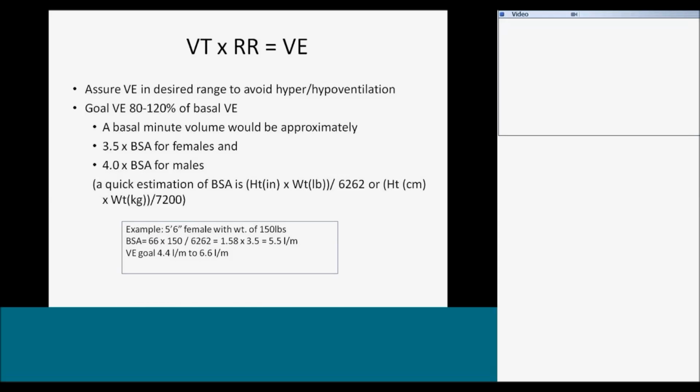And here's an example. In this example, our goal minute volume is going to be 4.4 to 6.6 liters per minute. And for a 5'6" female, 4.4 to 6.6 liters per minute should be able to give us an arterial CO2 within the normal range.